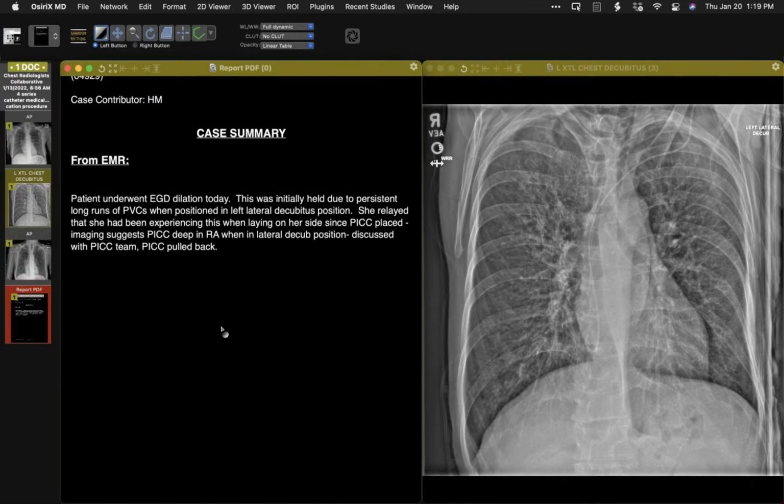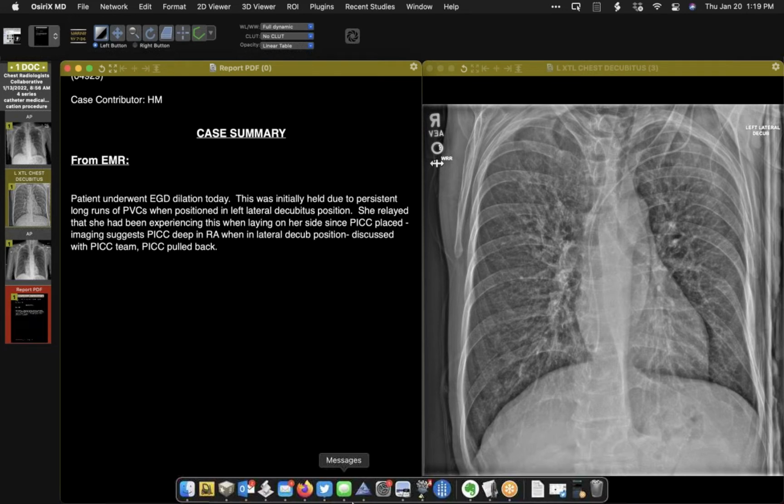The patient had experienced palpitations, had relayed that she experienced funny beats when she was on her left side since the PICC was placed. And they actually determined there were runs of PVCs.